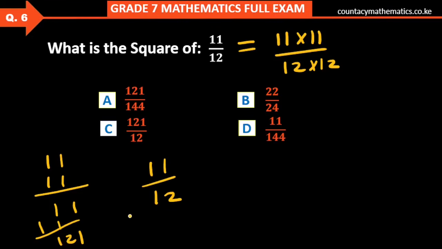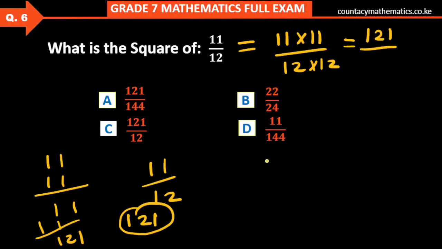If it's 11, you pick 1, 1, that is 11, and then you add 1 plus 1, which is 2, so 1, 2, 1, which is equivalent to this one. So whichever method you use, it's all right. It all depends on the method that you find convenient. So 11 times 11, we write there 121, like that.